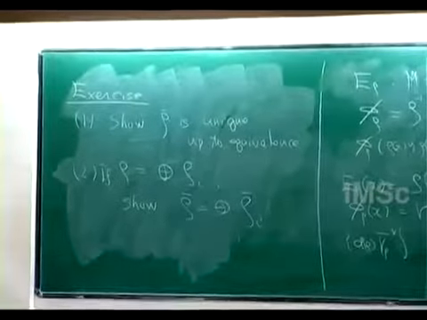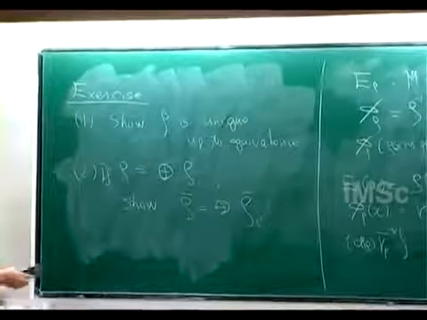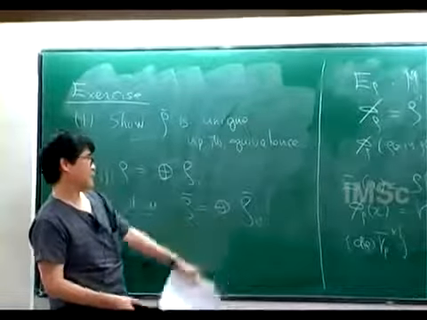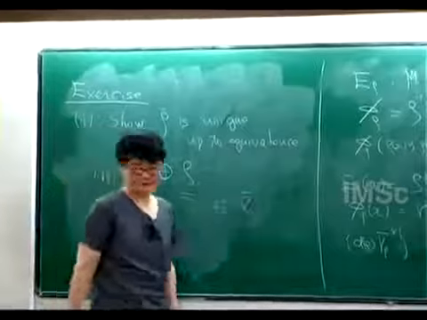So you have to construct R rho and R rho bar from R rho_i and R rho_i bar.